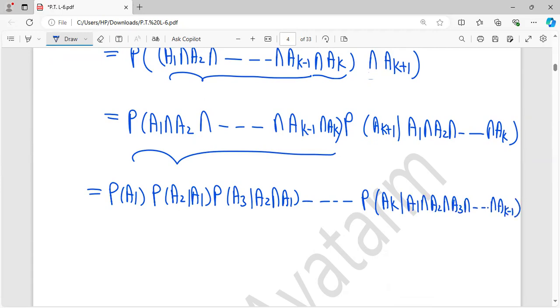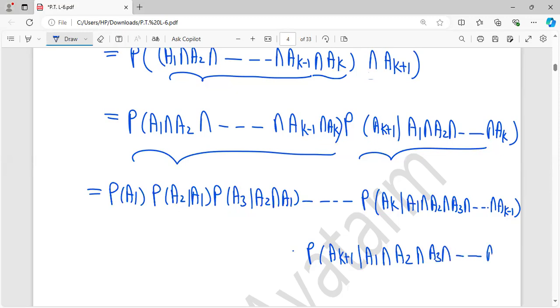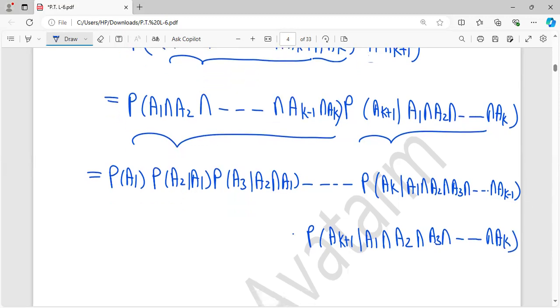And the last one is in product. This one, you write this one: P AK plus 1 relative to A1 intersection A2 intersection A3. Okay, so it means the result is true for K plus 1.